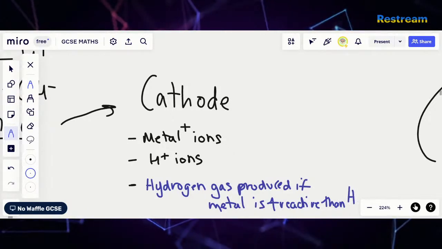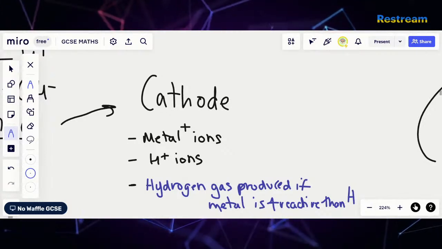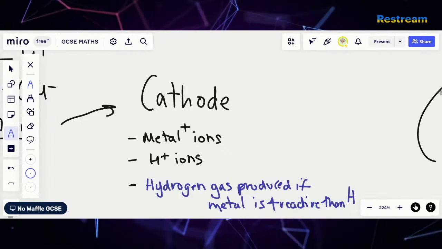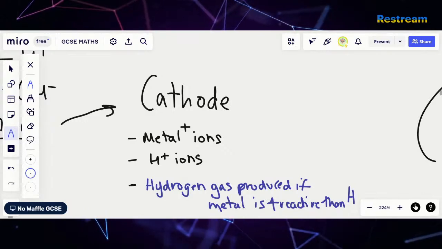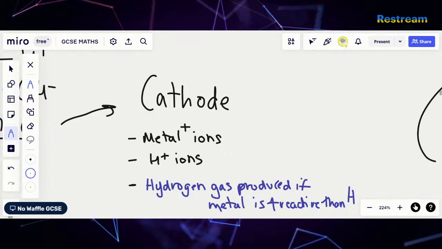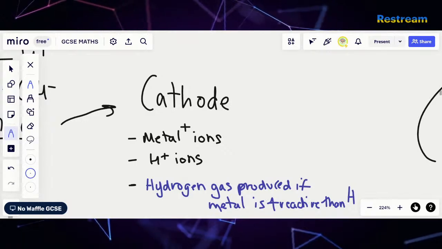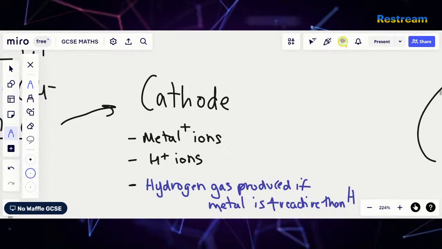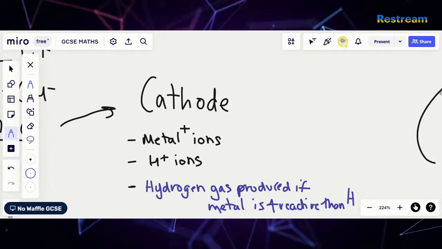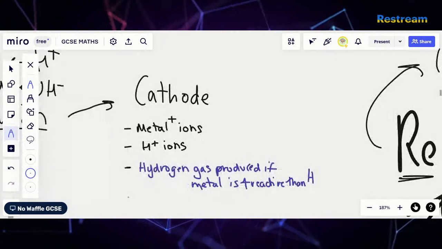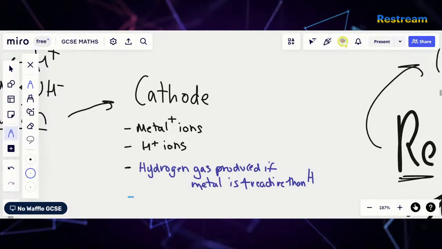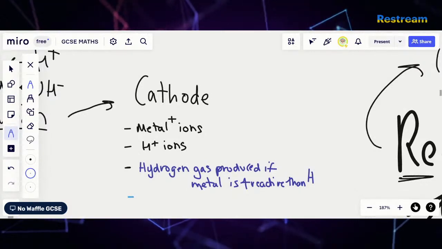So let's go through that again. At the cathode, we have the metal ions and the hydrogen ions because they're both positive. And what is produced is hydrogen gas, but hydrogen gas is only produced if the metal is more reactive than hydrogen. If the metal is less reactive than hydrogen, then a solid layer of the pure metal will be produced instead.